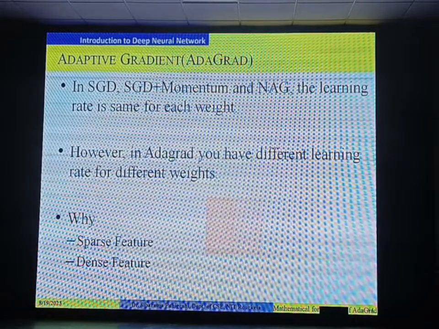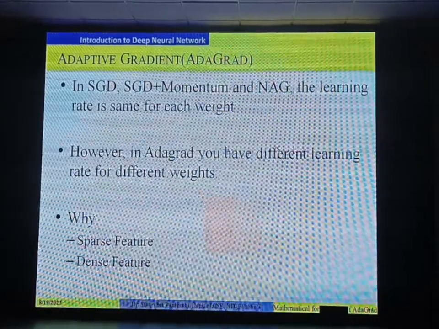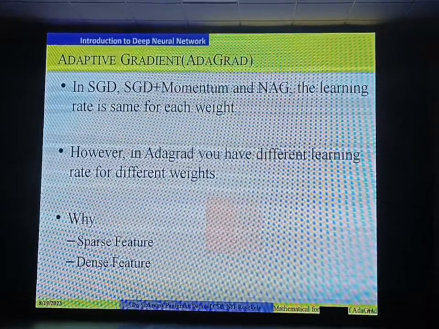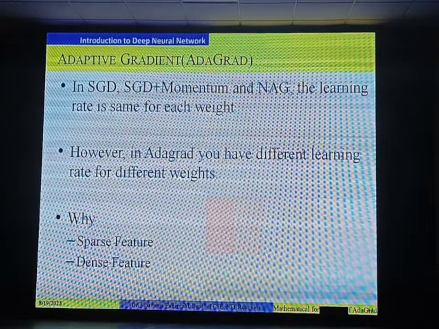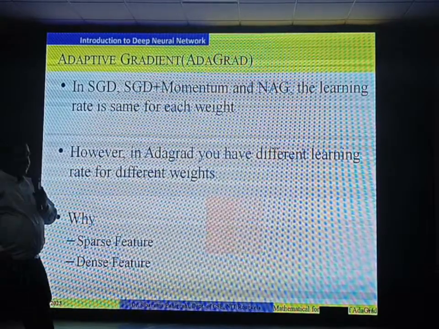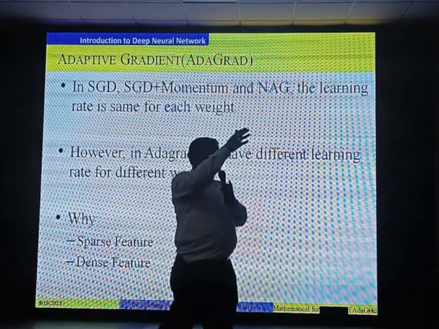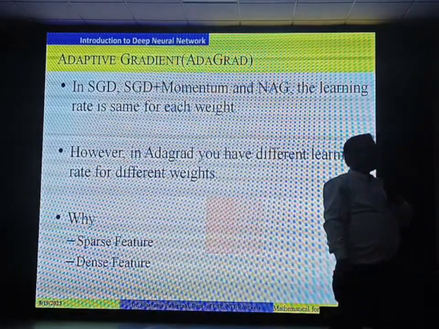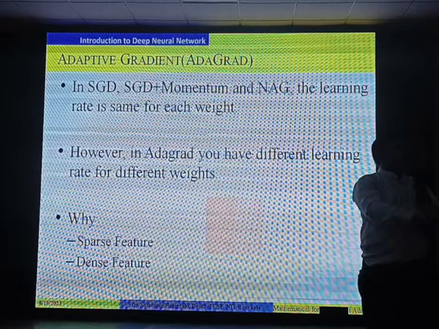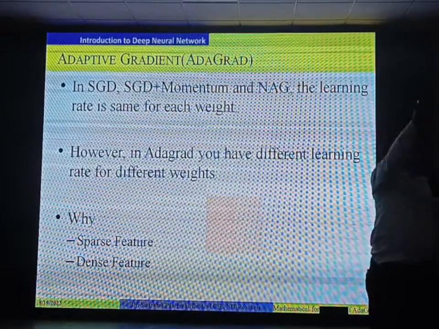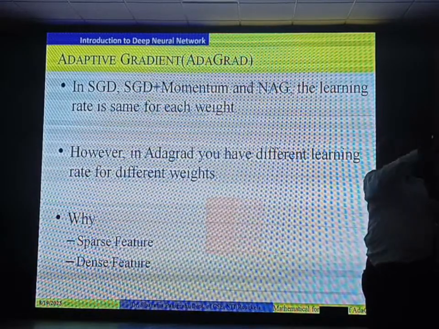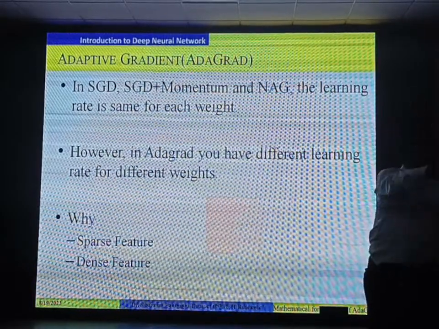Why? Because of features. In real life, features may be sparse or dense. For example, the salary feature, basic salary. Is it a sparse feature or a dense feature? All the employees will have a basic salary, yes or no? But come to commission. Is commission a sparse feature or a dense feature?